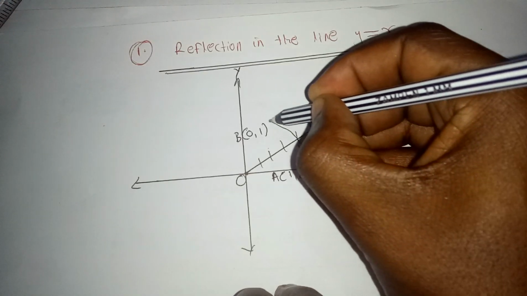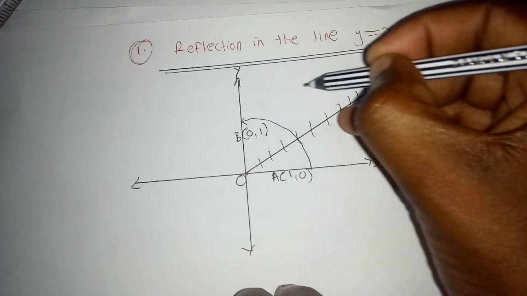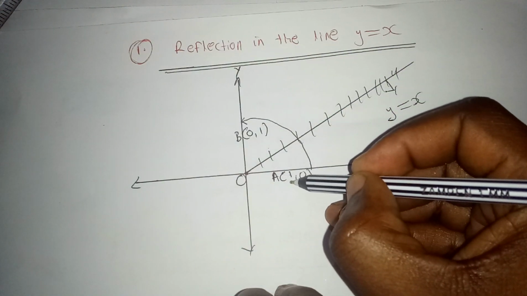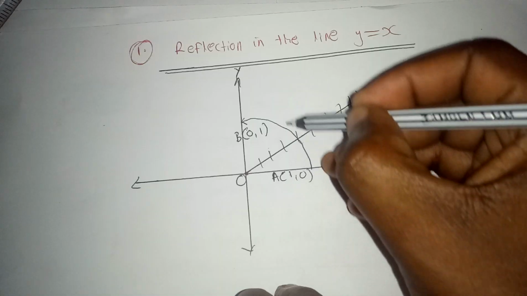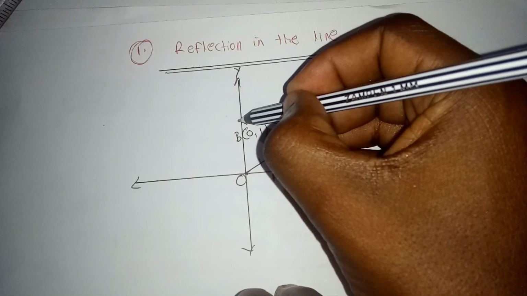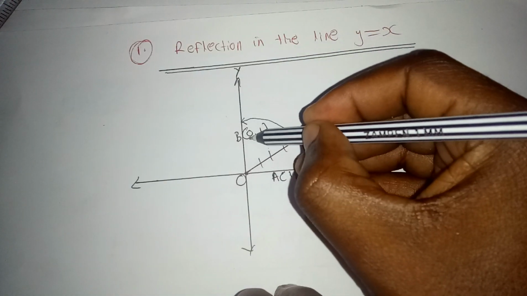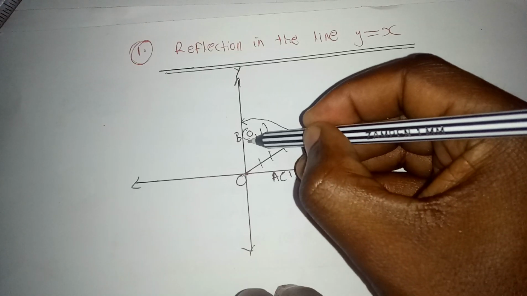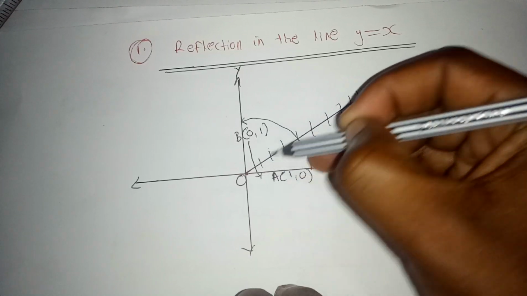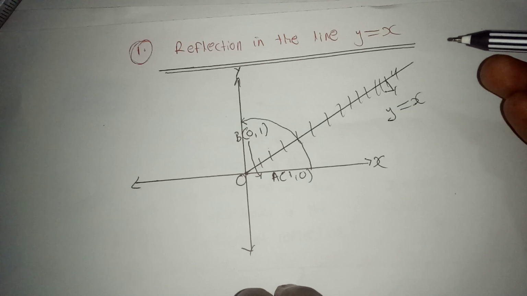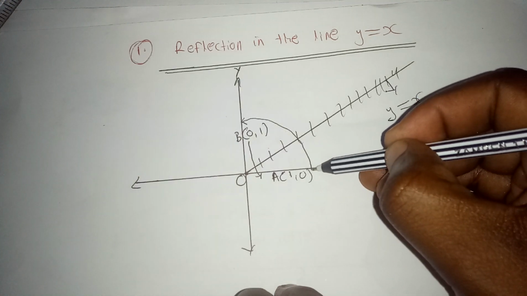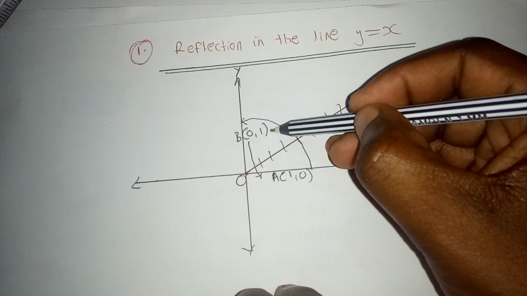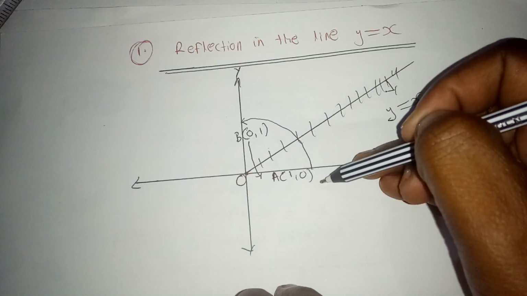This is the object A, and the image of A will be reflected this side. Then again, if B is the object, the image of B will be reflected to the other side. So in short, the image of A is (0, 1), and the image of B is (1, 0).